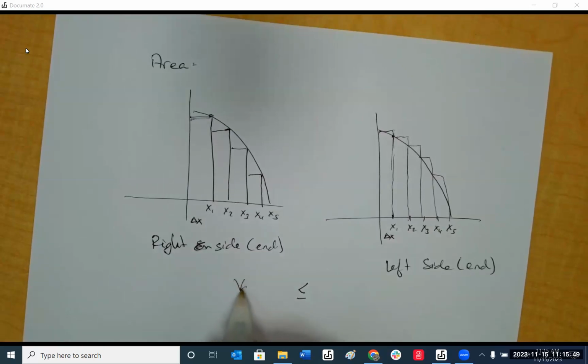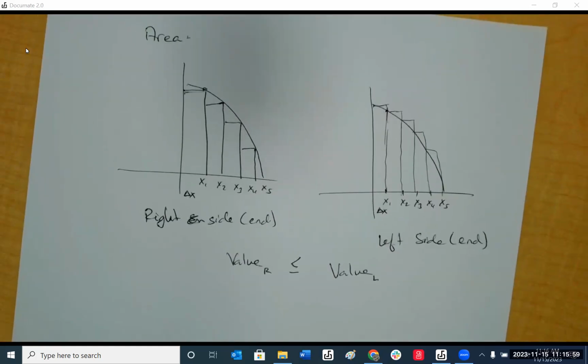So the value here will always be less than the value here. And then we mitigated some of our error factors.